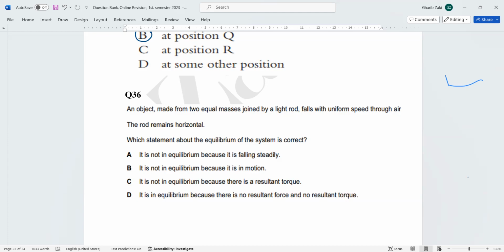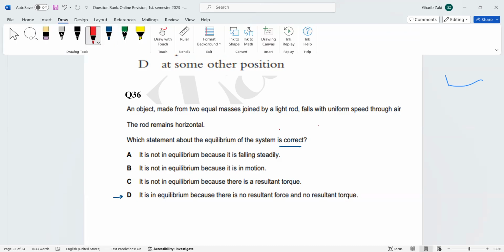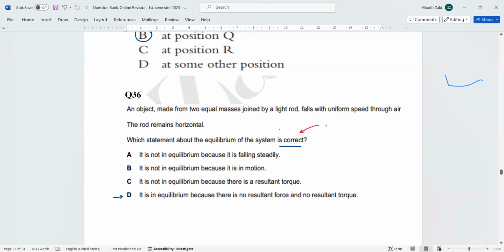Which statement about the equilibrium of the system is correct? But if I write incorrect, then try to think of this. If it is not correct or wrong, so think of that question. Next question.